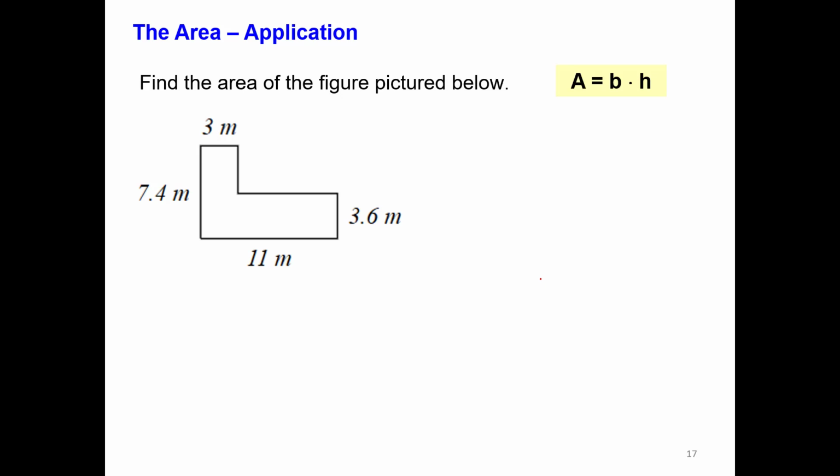Now we want to find the area of this picture. And we did a similar problem when we discussed whole numbers.